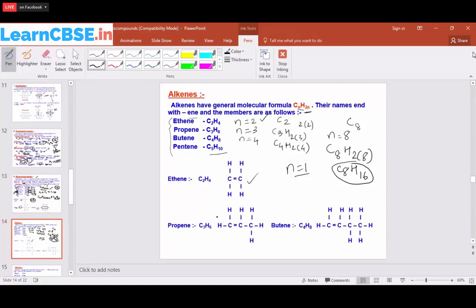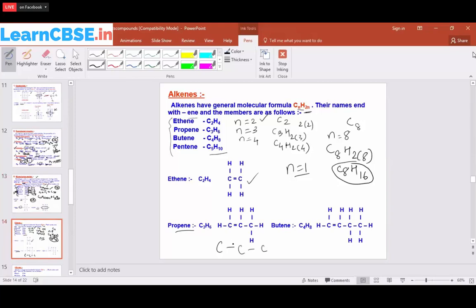Propene: first we write the carbon single bonds like this, then we write the double bond either here or here. That is your choice, but we have to write only one double bond in one compound structure. We should not write two double bonds.